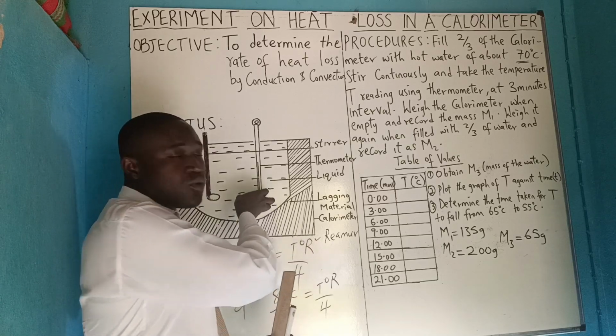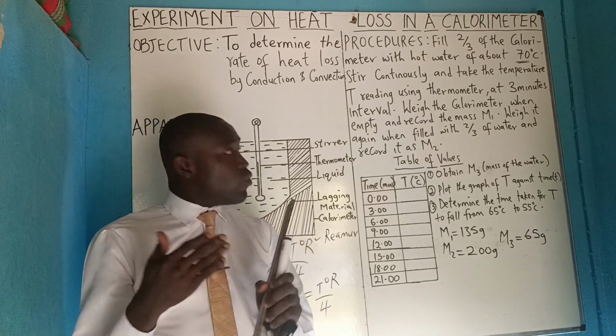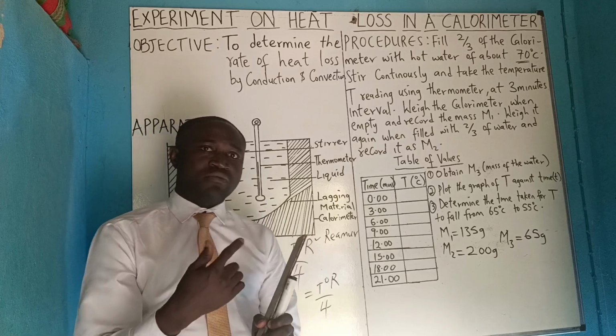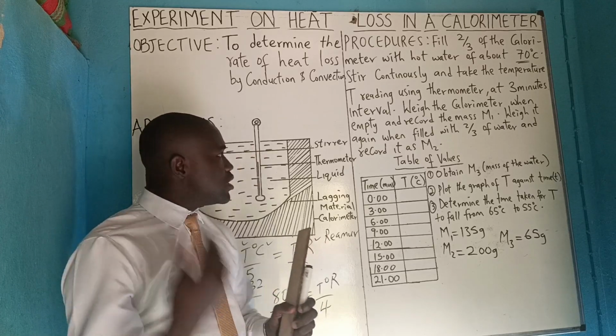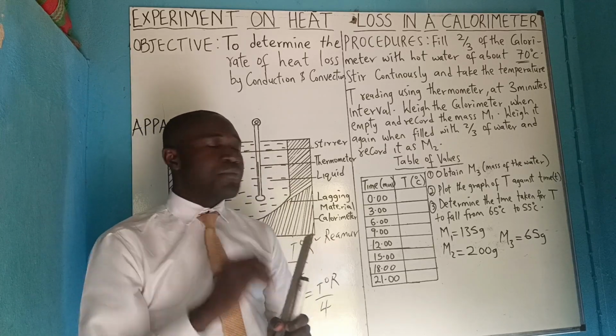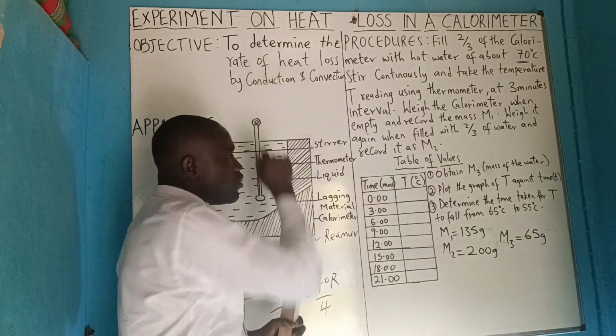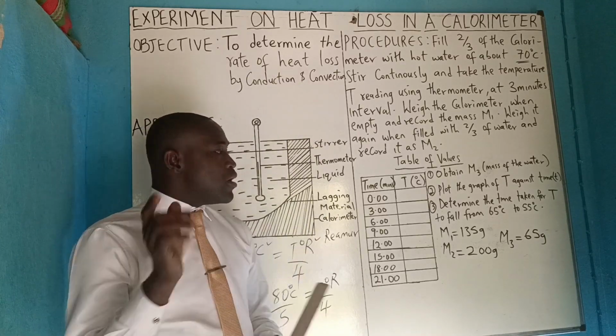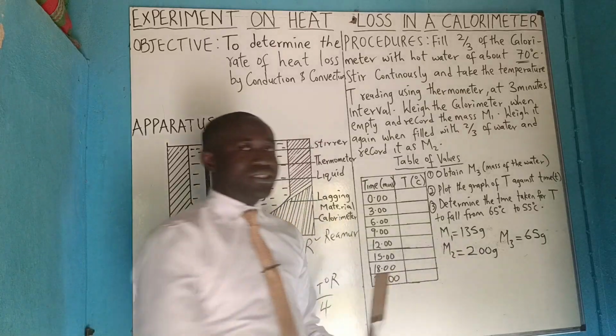The liquid itself, which is water, will also affect the rate of heat transfer, the rate of heat loss that will be taking place. So I want to show how to do this experiment.